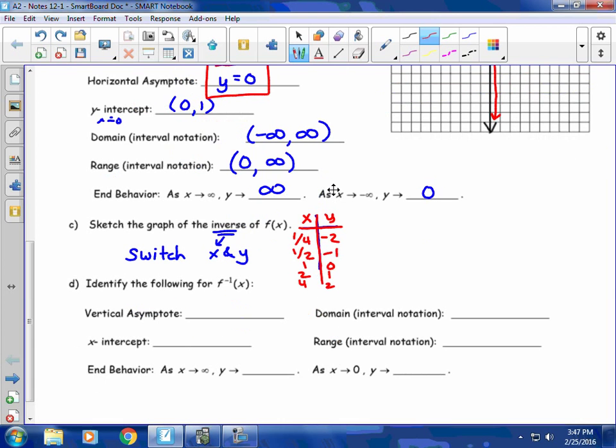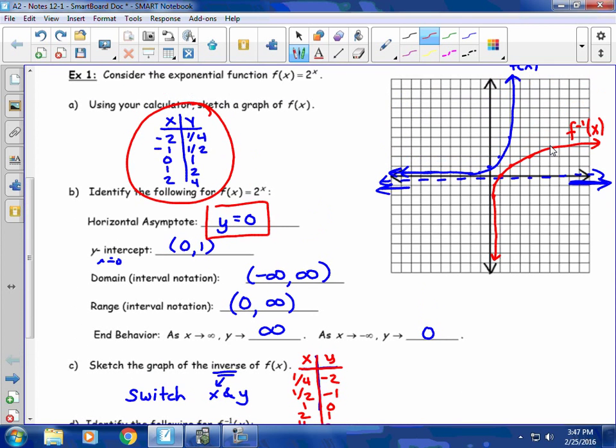Well, it's going to become x equals 0. So we should put that in our inverse graph as well. Go back up to your graph over here and dot in x equals 0. So that's part of it: there's a vertical asymptote with the inverse of exponentials.